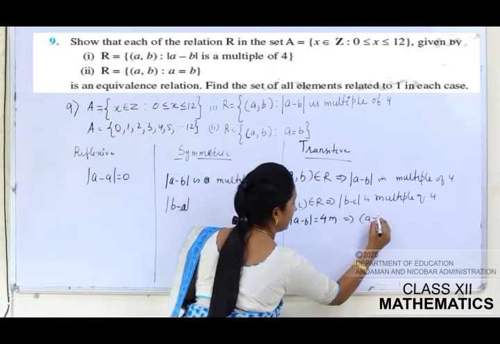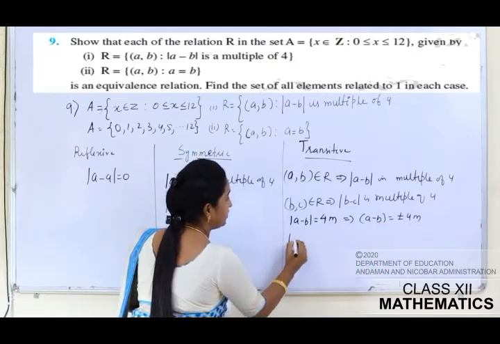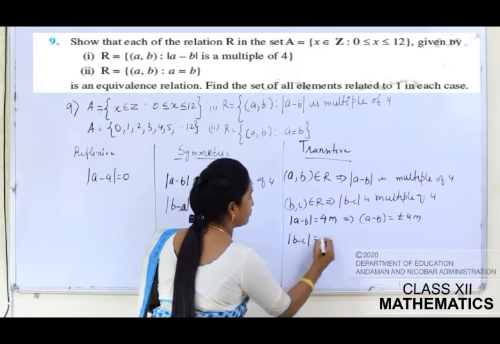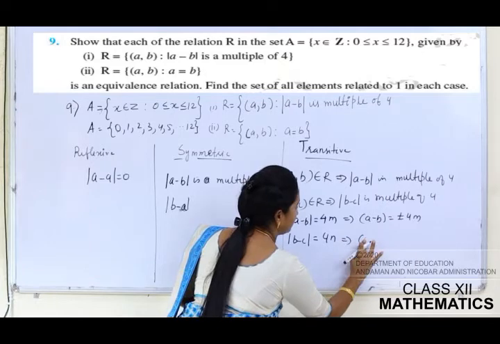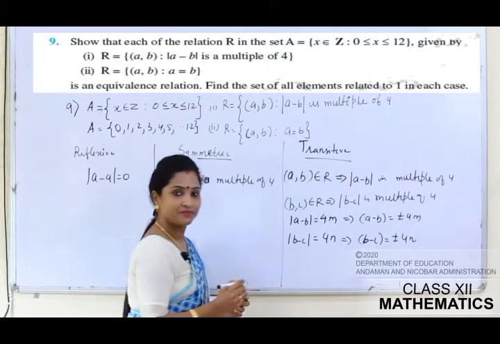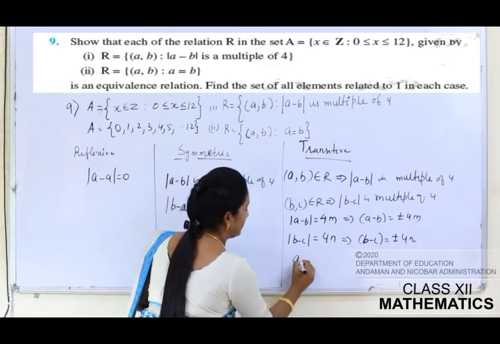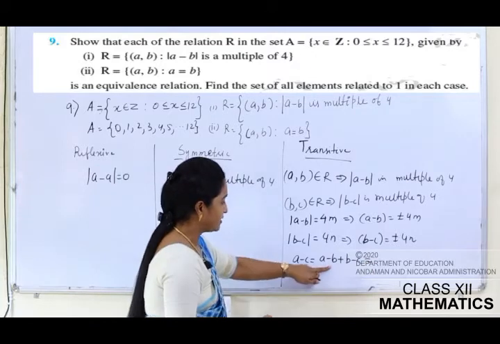Implies a minus b will be plus or minus 4m. Correct? Now, b minus c is also a multiple of 4. You can write down 4n. That implies b minus c is equal to plus or minus 4n. Okay, now a minus c will be a minus b plus b minus c. What is a minus b?